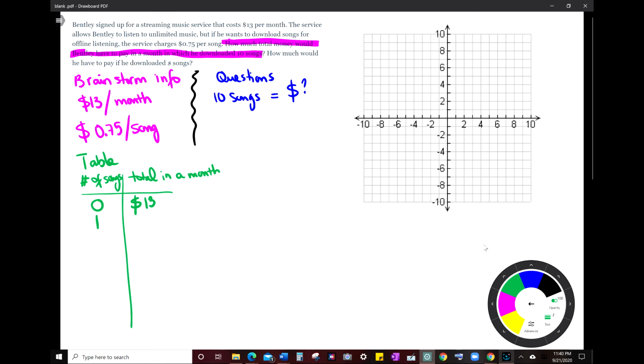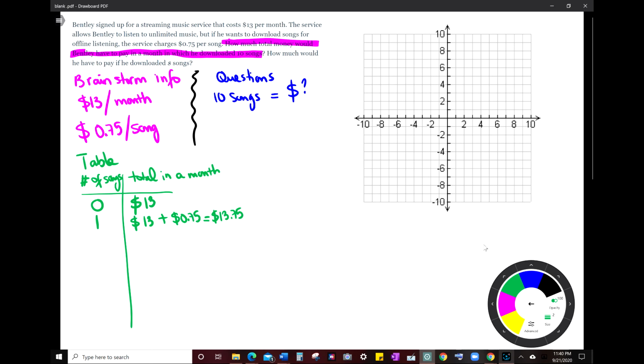But don't forget the $13 every month he has to pay. So the total will be 13 plus 75 cents, and its total is $13.75.